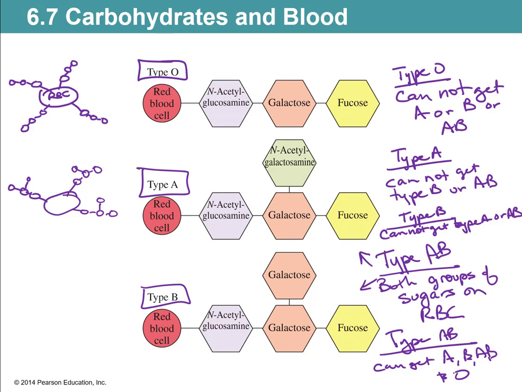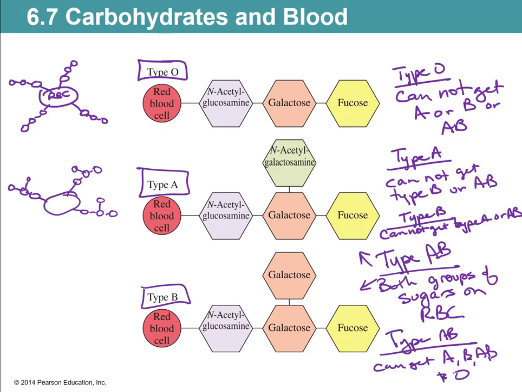Now think about the pattern of O. Do all the blood types have the pattern of O? Do you see they all have the 3? So if I give O to A, it'll have the same pattern of 3. A has an extra one, but their white blood cells will still see the basic 3.